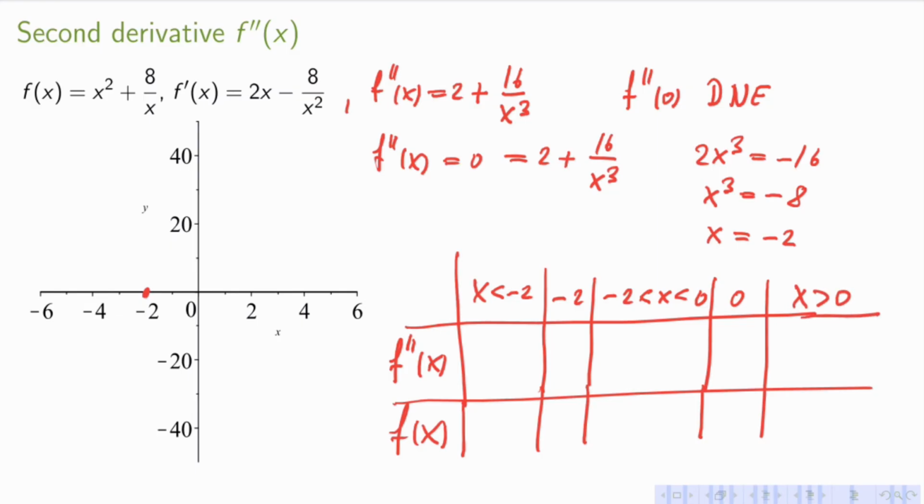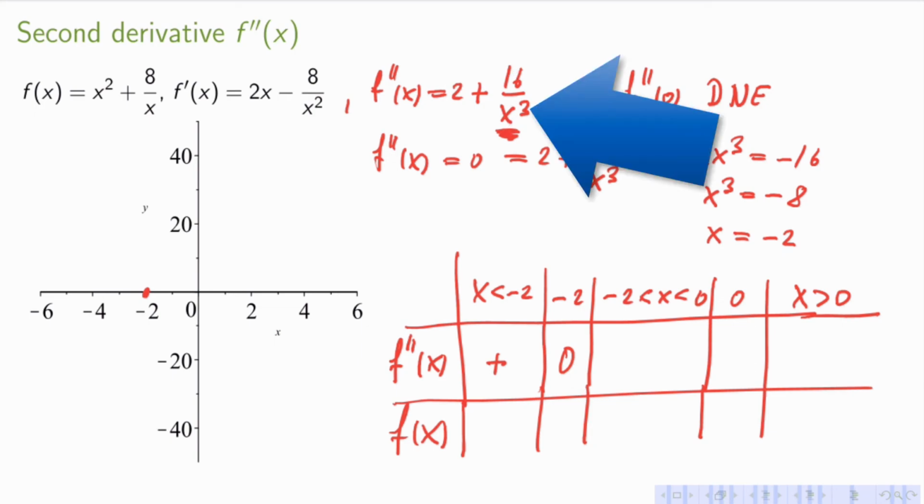If x is less than minus 2, we are very negative and very big. So this means here the 1 over x cubed term is very small and negative. The 2 is bigger, so we get a plus. At minus 2 we are 0. And then between minus 2 and 0 we're getting close to 0. So then the 16 over x cubed will be huge and negative.